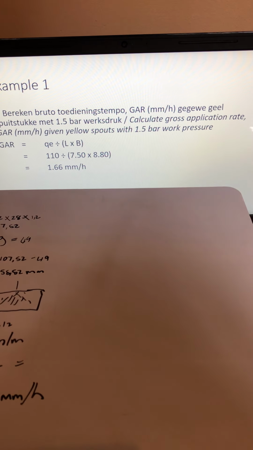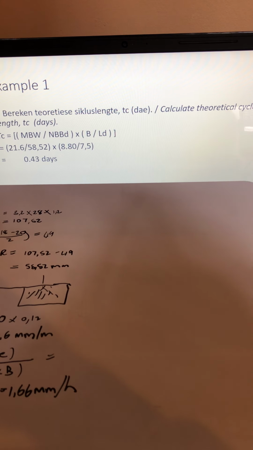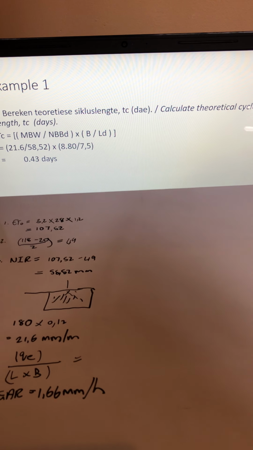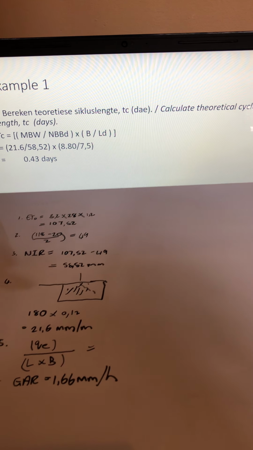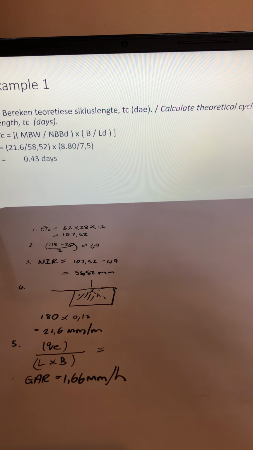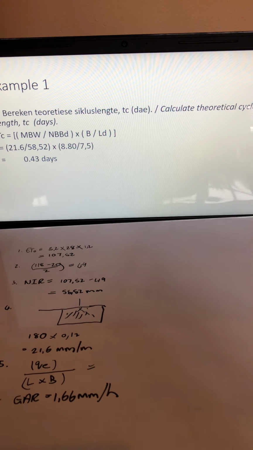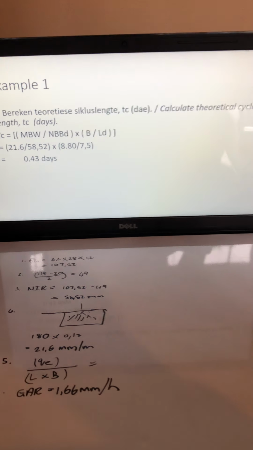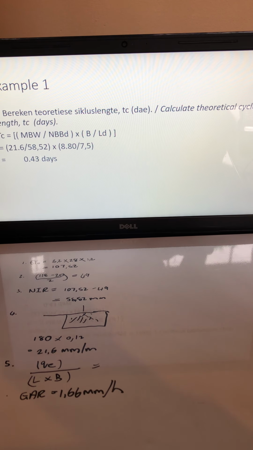Now we want to calculate theoretically how long a cycle should be. So a cycle is basically how long you are going to irrigate for before you have to irrigate again.